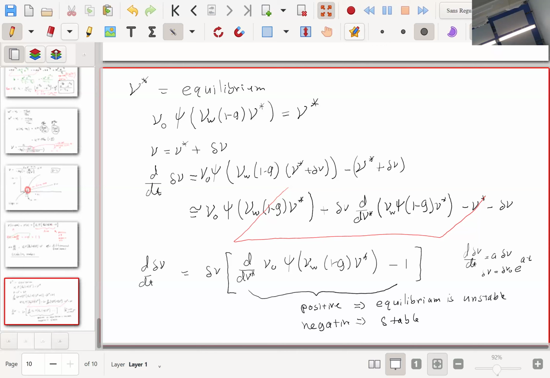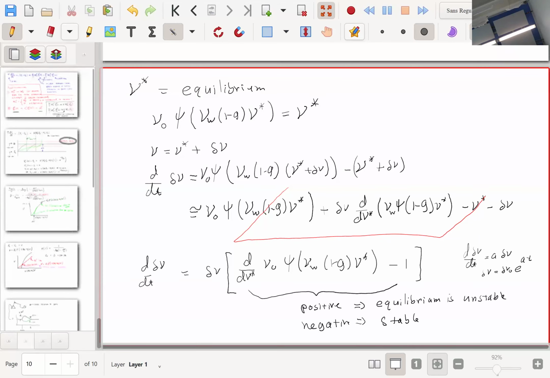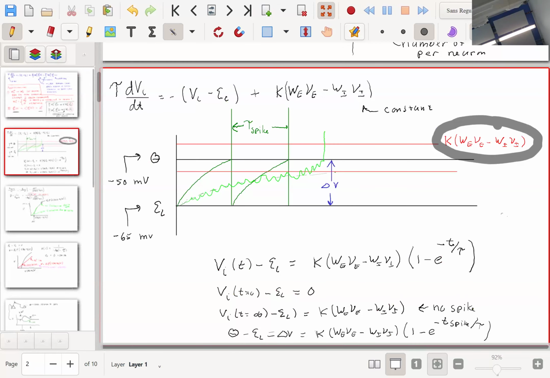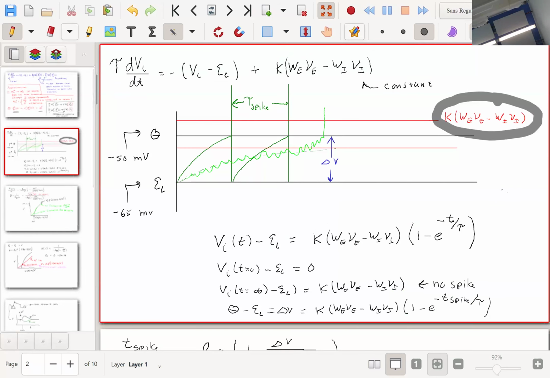If you remember, back when we made our approximations, we said all neurons have the same strength, right? And that's what's true for WE and WI. Somewhere in here we made the approximation. Must have written it down somewhere. Oh, it was here.